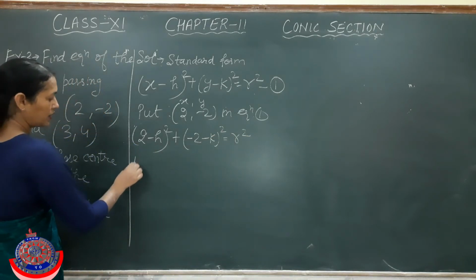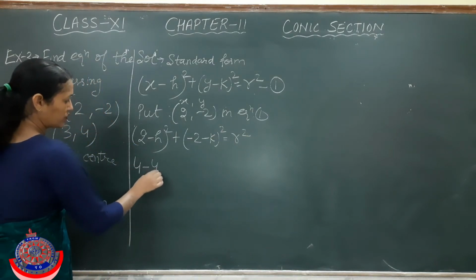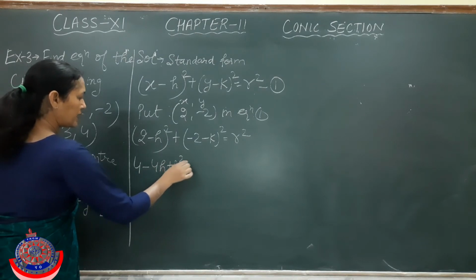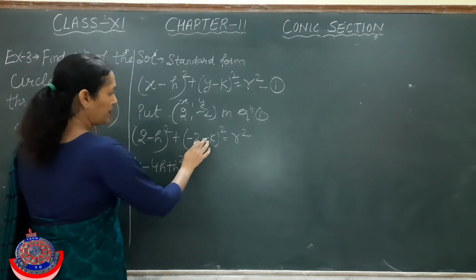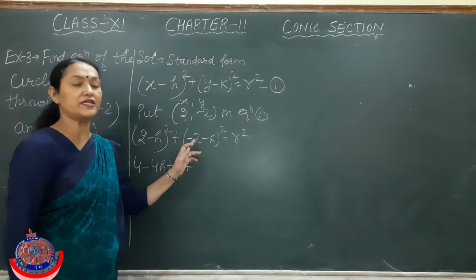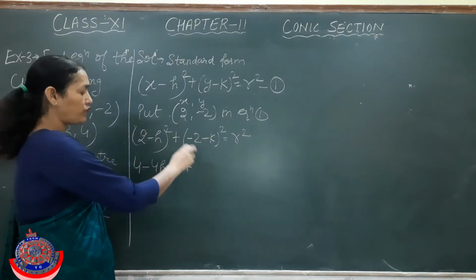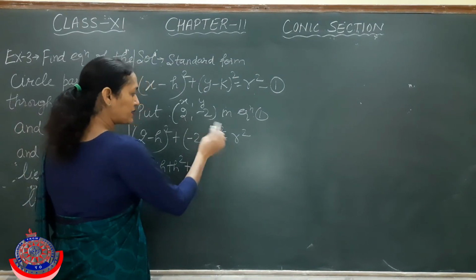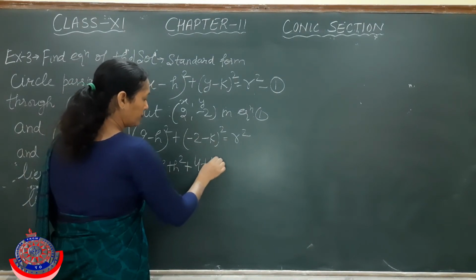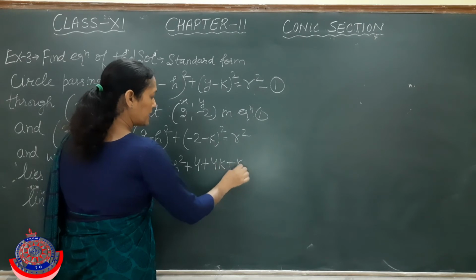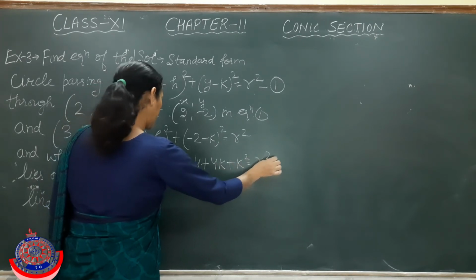We open it, 4 minus 4h plus h square. If both the signs are same, means if you take out minus, outside will be positive only. So the formula of positive, a plus b whole square, will be used. 4 plus 4k plus k square equals to r square.